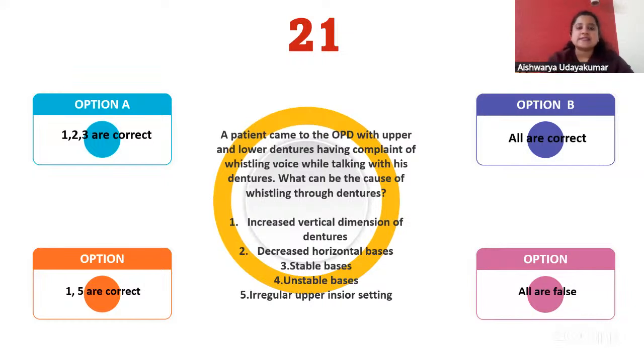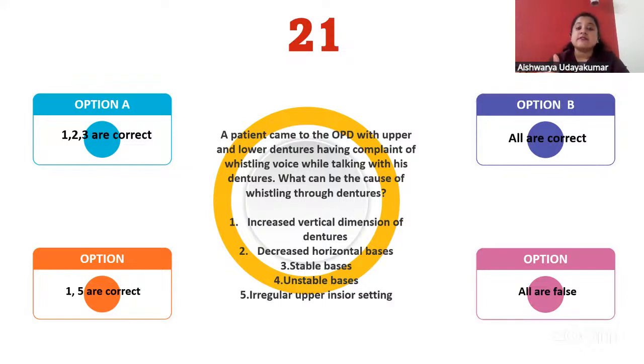Moving on with our last set of 10 questions. A patient came to the OPD with upper and lower denture having a complaint of whistling voice while talking with his denture. What can be the cause of whistling through the denture? Now, whistling is mainly due to setting of the teeth. The setting of incisors has not been right.